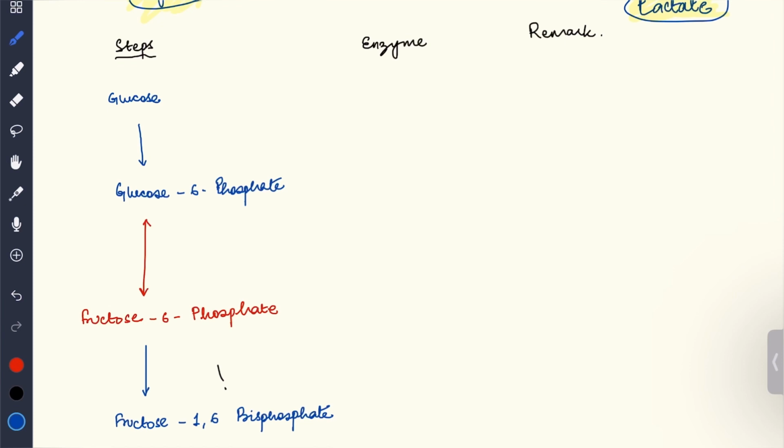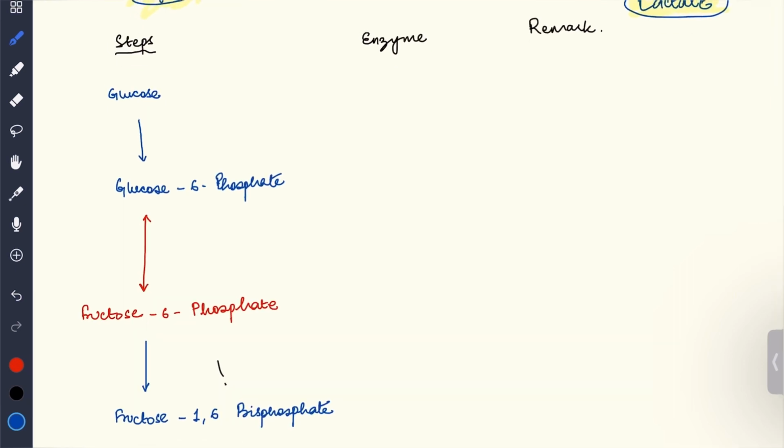The first step will be glucose to glucose 6 phosphate. How is glucose 6 phosphate formed? That means to glucose we added one phosphate in the sixth position. Now, where did the phosphate come from? The phosphate came from ATP. You will be like, ma'am, we were going to form ATP as energy, but how is it being used here and not formed here?